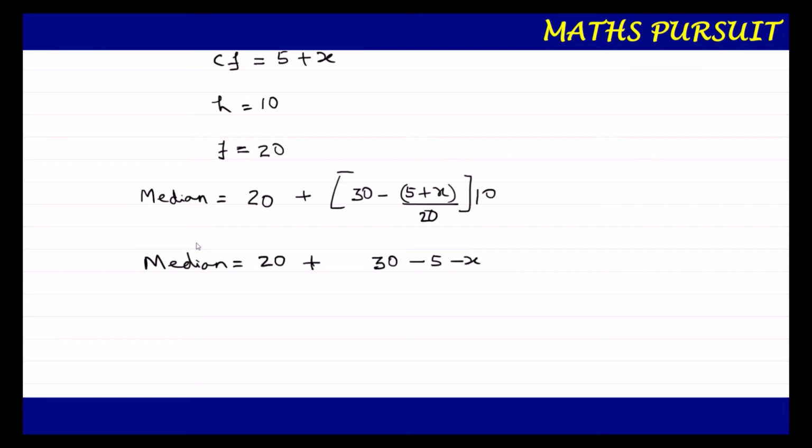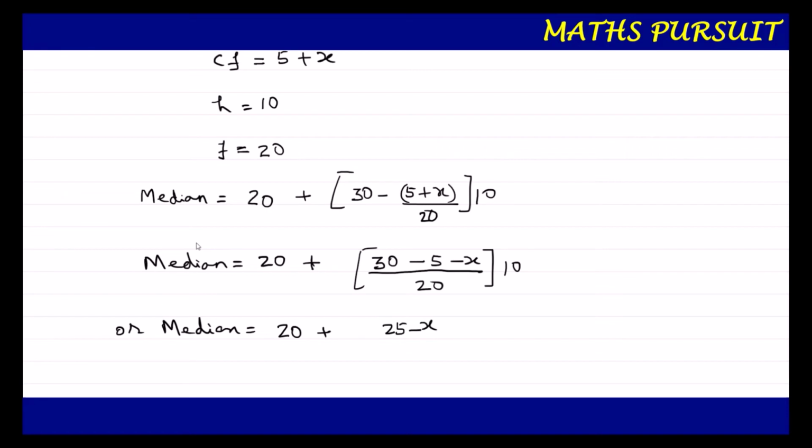If I open the bracket, the positive 5 turns to negative 5 and x turns to negative x, into 10. Or I can write median is equal to 20 plus, 30 minus 5 is 25.